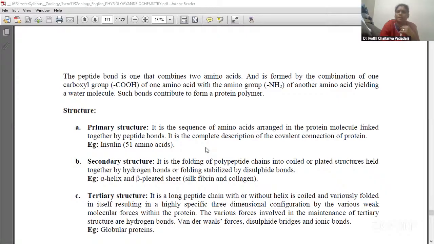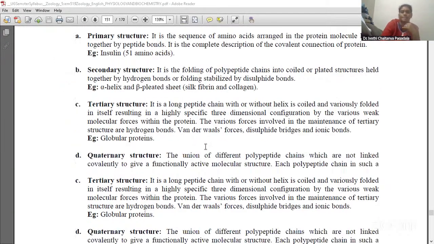The best example for the tertiary structure is globular protein. What happens in a globular protein? Since it is a long chain peptide, every helix is coiled many times. When it is folded many times, it looks like a different dimensional configuration.